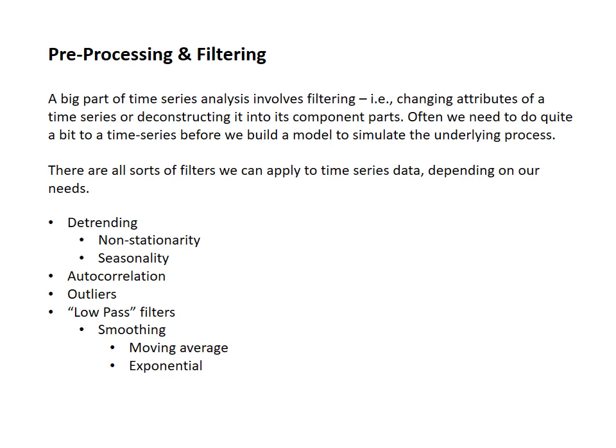So a big part of time series analysis involves filtering. And that means changing attributes of a time series and or deconstructing it into its component parts. And there are all sorts of different filters. We're just going to cover a couple here. The first one is detrending. That can mean accounting for a change in mean over time, so a gradual increase or decrease in something.